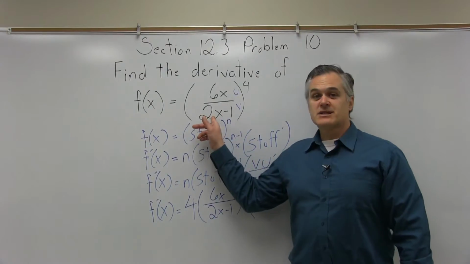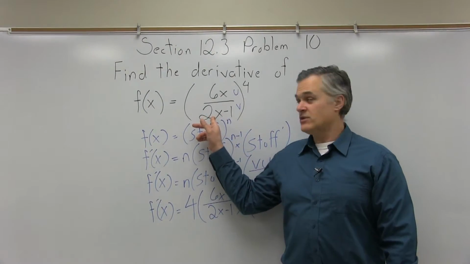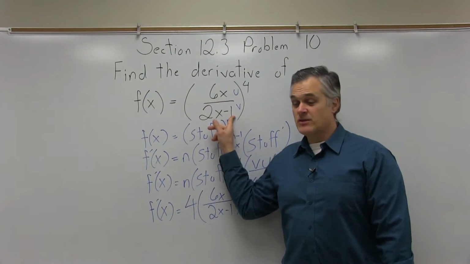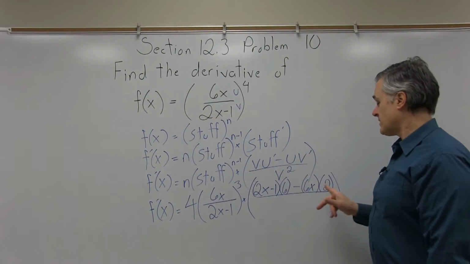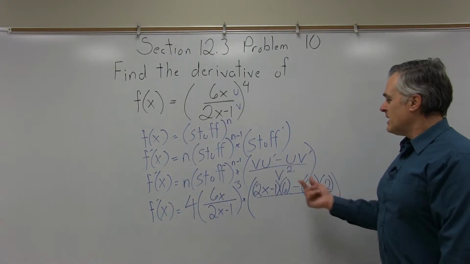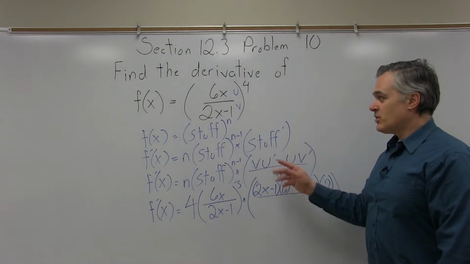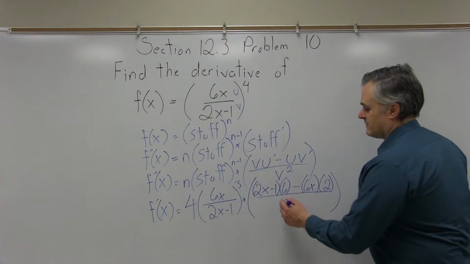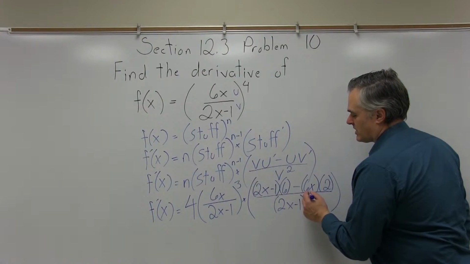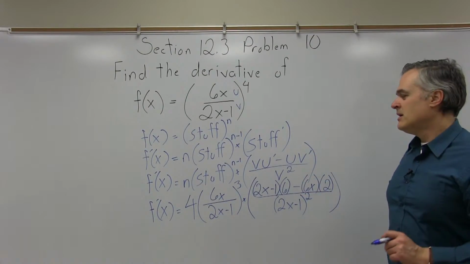The 2x has a derivative of 2, since it's an x to the first, and the derivative is the number in front. The minus 1 has no x, so its derivative is 0. So the derivative of 2x minus 1 is just 2. And underneath, you have v squared, no prime. So I put 2x minus 1 in the denominator, in parentheses, raised to the second power.